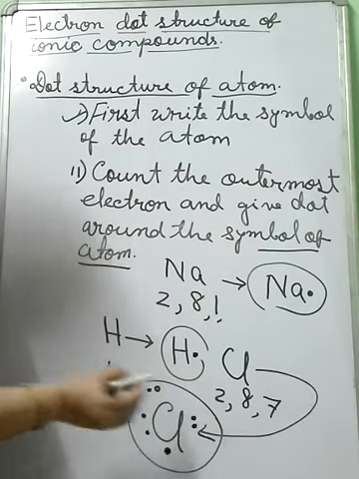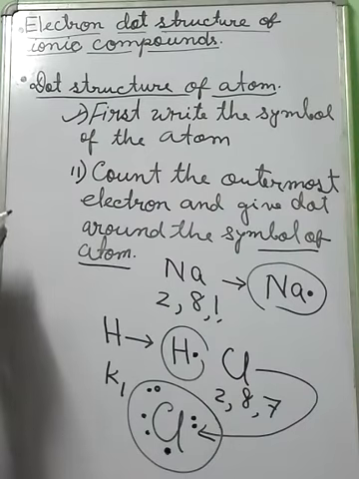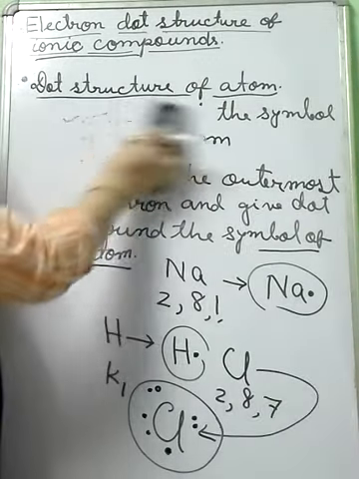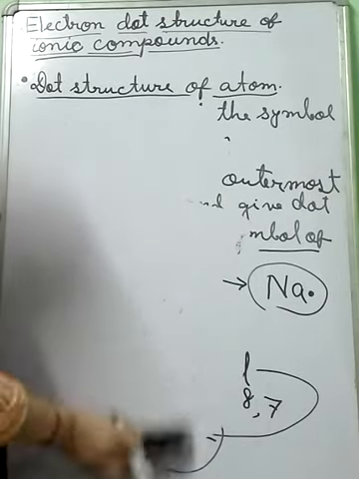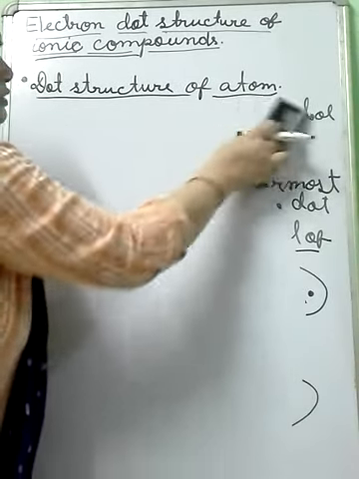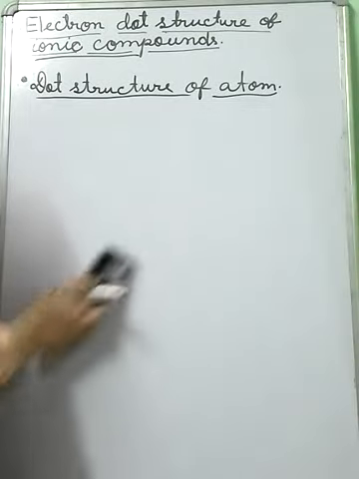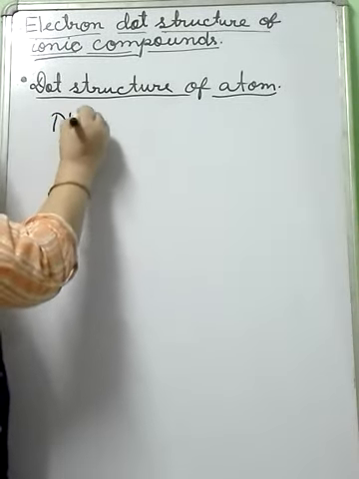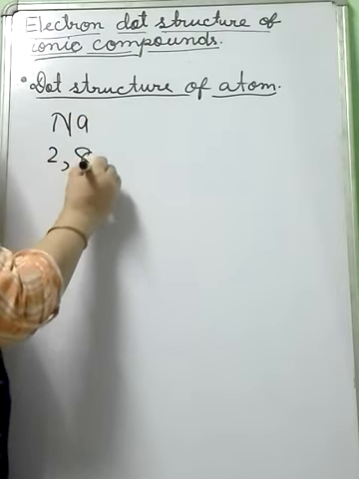Now let us discuss the electron dot structure for ionic compound. Let me take the example of sodium chloride formation. Sodium chloride molecule is formed by combining sodium and chlorine. Sodium configuration is 2, 8, 1.